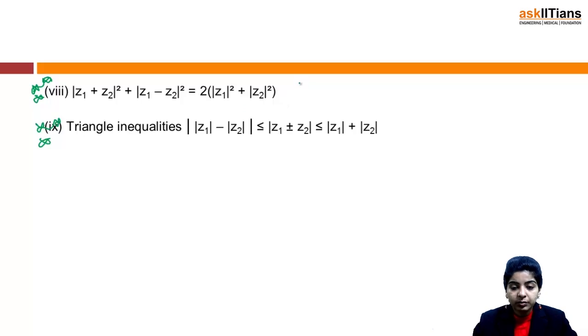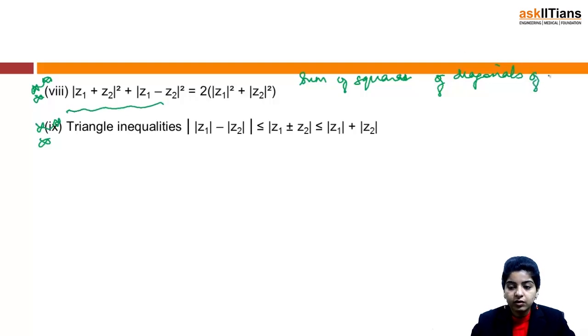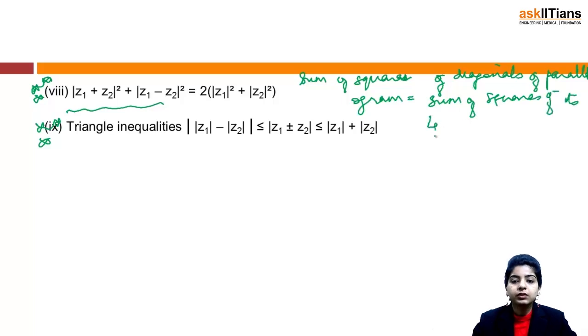In fact, this property is basically saying sum of squares of diagonals of a parallelogram is equal to sum of squares of its 4 sides. This property is basically stating that sum of squares of diagonals of a parallelogram is equal to sum of squares of its 4 sides.